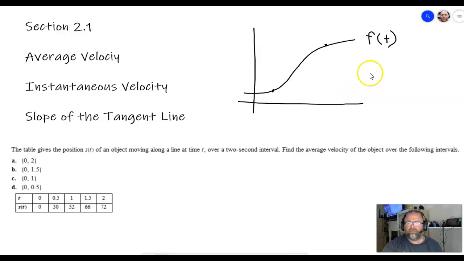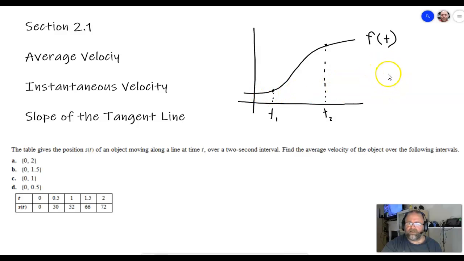And how do we find slope? Well, let's say this point here is t1, and this point here is t2, just like we would find the slope in pre-calculus. We're going to use the difference of our vertical values over the difference of our horizontal values.